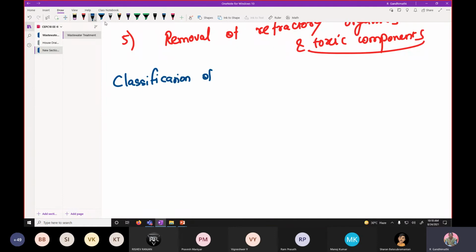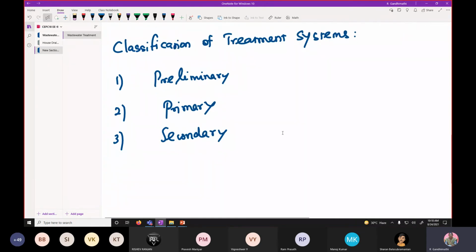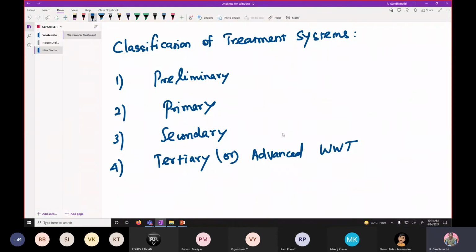Classification of treatment systems: preliminary, then primary treatment system, then secondary, and the last one is the tertiary treatment system, or we can say advanced wastewater treatment systems.